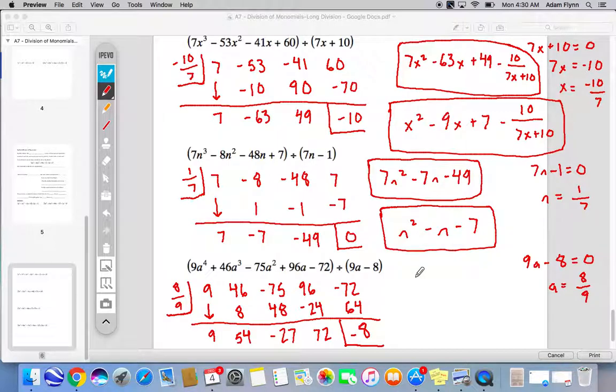Okay, so I can write my answer. We have 9a cubed plus 54a squared minus 27a plus 72 minus 8 over 9a minus 8.